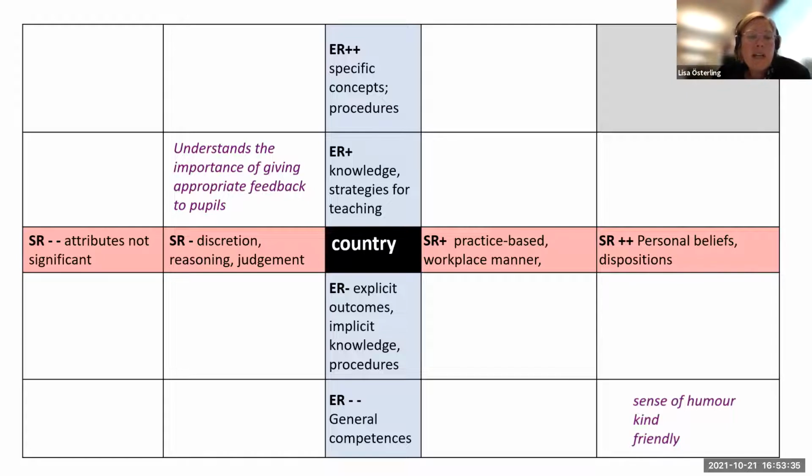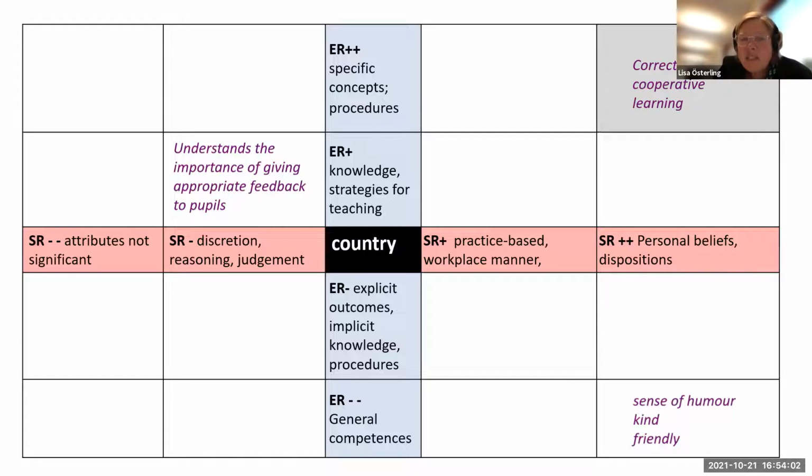And when you look at the SR dimension, well, the word appropriate, it says that the teacher must do something more than just comply with doing this. The teacher has to do some sort of reasoning or judgment or discretion to see whether this feedback is appropriate or not. Compared to the next one, correctly applies cooperative learning.